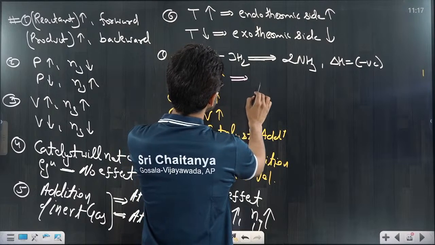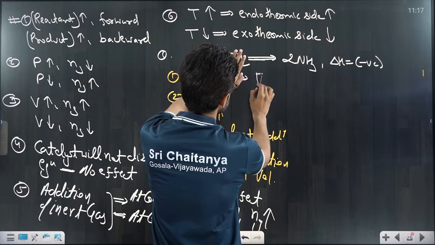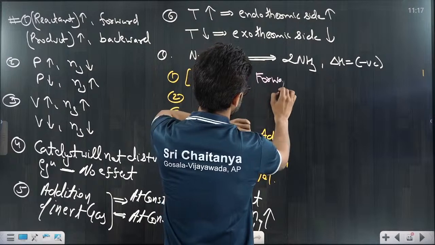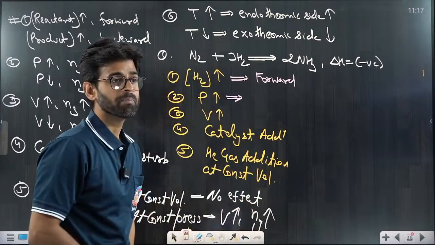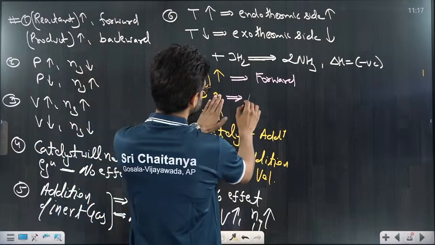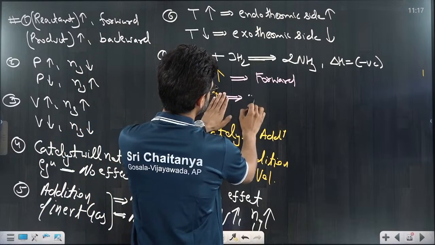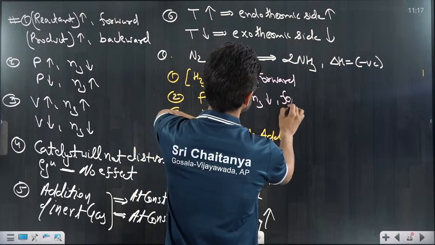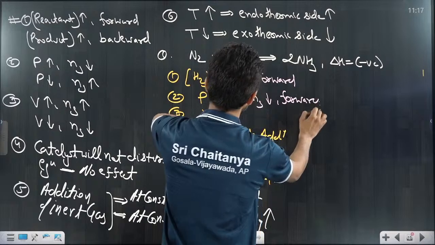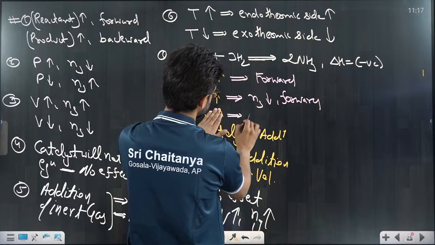Increase in concentration of a reactant, reaction goes where? Forward. Pressure increase, send it where? Where gas moles are less. Gas moles less where? Again forward. Volume increase, send where?